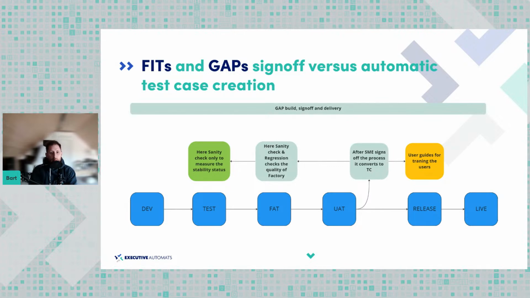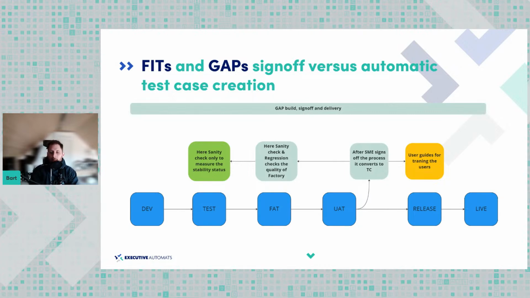If we build test cases or test automation on FAT, it might happen that in the UAT phase, business will tell us this doesn't actually have the final functionalities we wanted. So it has to come back to dev once again, to test once again, to FAT once again, and then to the UAT finally.